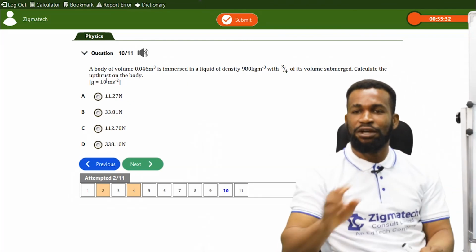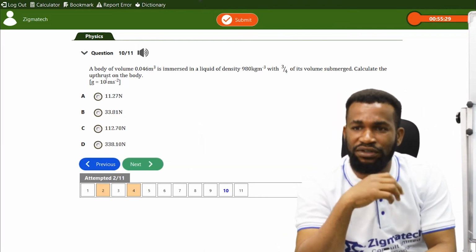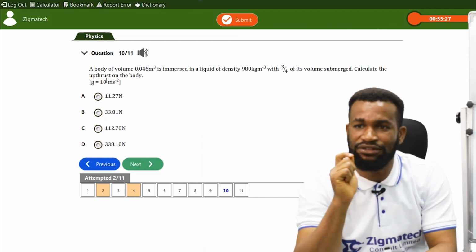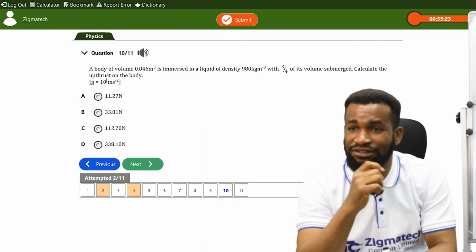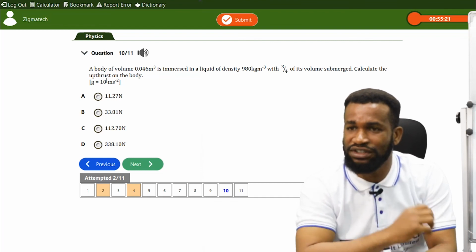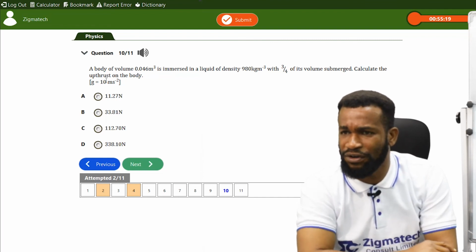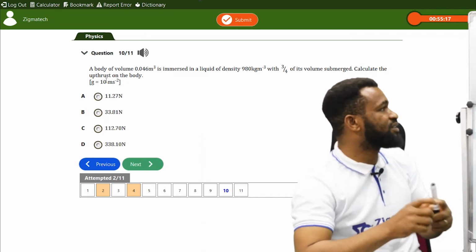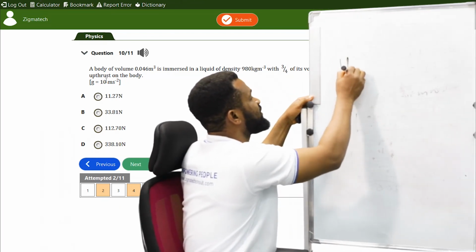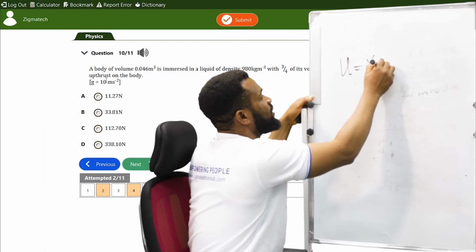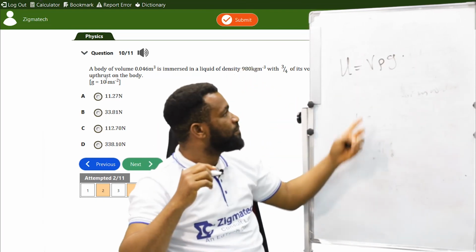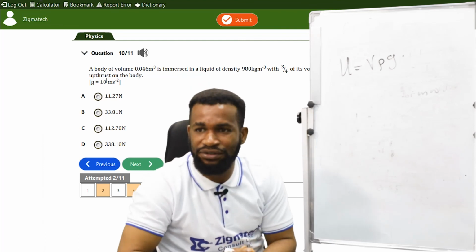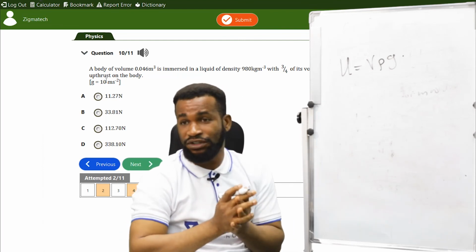All right. A body of volume 0.04 meter cube is immersed in a liquid of density 980 kilogram per meter cube with 3/4 of the volume submerged. Calculate the upthrust. This question is this: U is equal to V times density times acceleration due to gravity. But in this case, the one that was immersed in the fluid is just 3/4 of the whole volume.